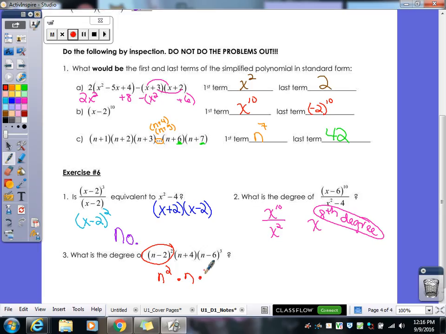And what would the n be to in the last set? 3. So now if we add our exponents, we would get n to the 6th. So this would be a 6th degree if we multiplied the whole thing out. Now, could you multiply the whole thing out? Sure. It's going to take you a while, but you don't have to if it's just asking for the degree. That's a lot more work than you would actually really need to do.